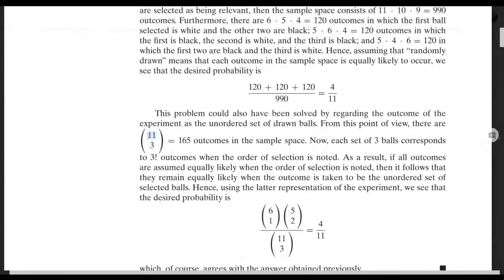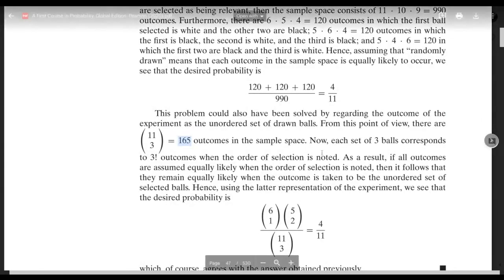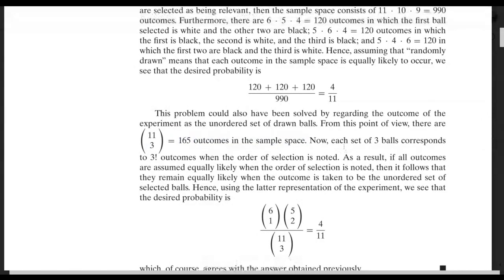So out of 11, we choose 3. That's the sample space, the total possible outcomes. So out of 11 balls, we just choose 3 of them. How many ways? That's 165 ways. If you take this as the sample space, then we need to think about our event. So this is our sample space now.